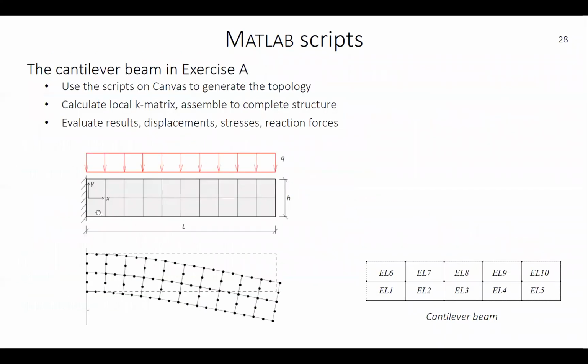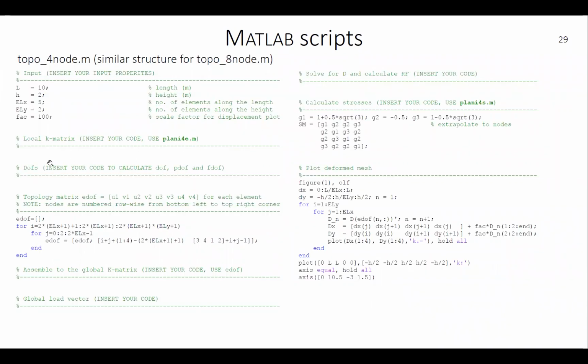You may also realize that for this geometry, all the elements are the same, so you only need to calculate this once. And then the stiffness matrix of all the elements will be the same. So you do that once, and then you assemble that to a global matrix.